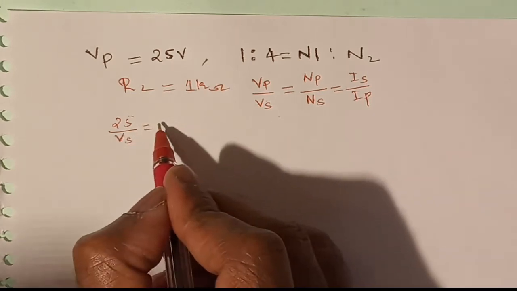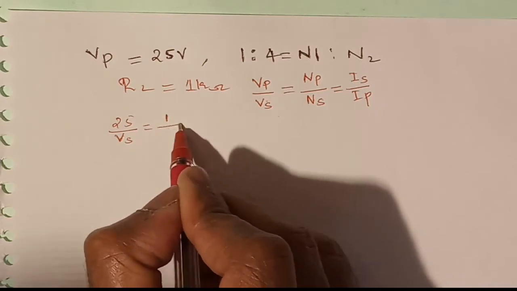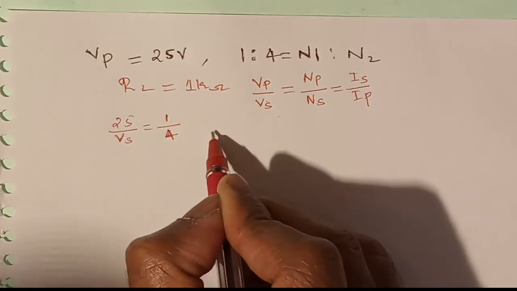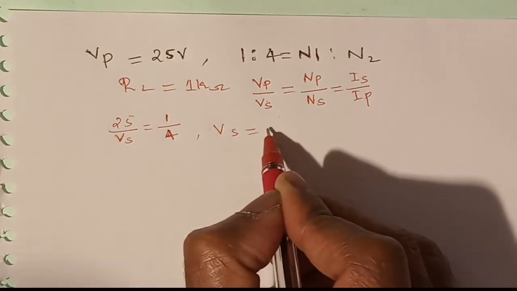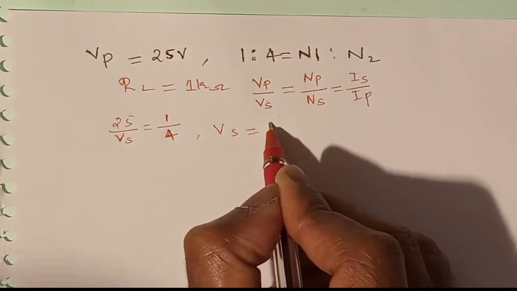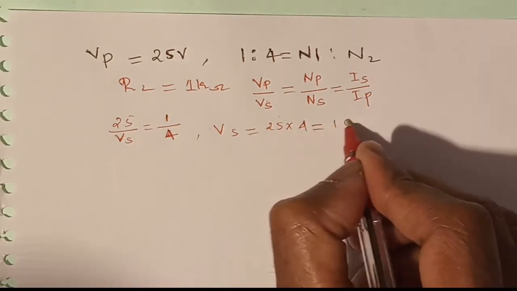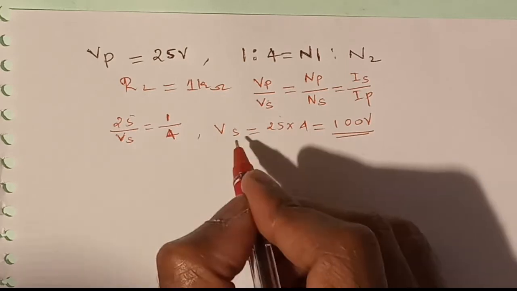The number of turns N1 equals 1 and N2 equals 4, a 1:4 ratio. So Vs equals 25 multiplied by 4, which comes to 100 volt. So 100 volt is our V secondary.